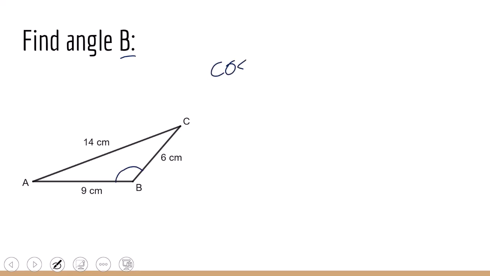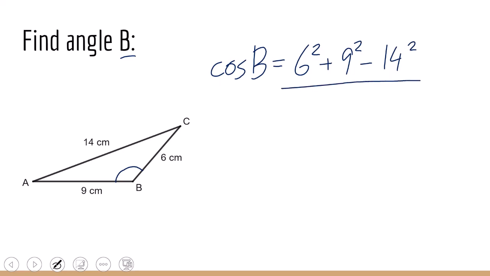So I'll do cosine B is equal to the side squared, 6 squared, plus 9 squared, minus the opposite side squared, over 2 times the adjacent sides.